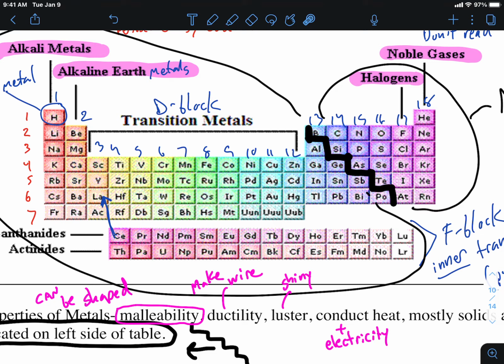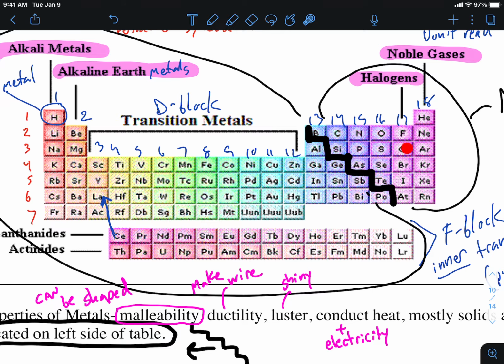Because we never count the Ds and Fs for valence electrons, because those are just not at a high enough energy level, the valence electrons will always be simply found by whatever column it's in. So, phosphorus, how many valence electrons? 5. Calcium, how many valence electrons? 2.